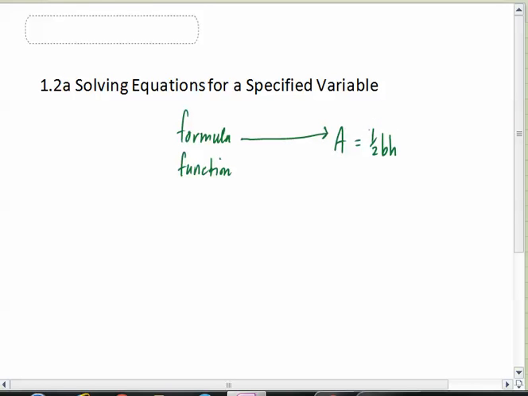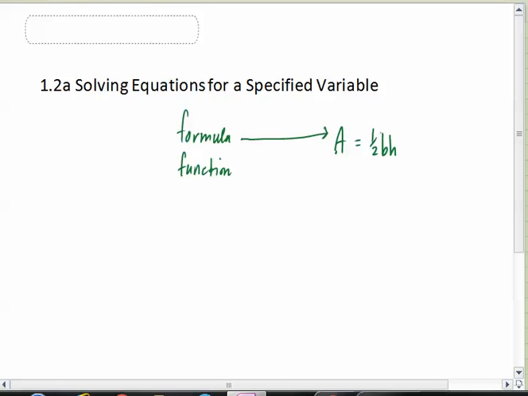That's a formula. Now, if I said that the area is a function of the base and the height, okay, times a half or divided by 2, then I'm saying that the area is determined by these other variables.